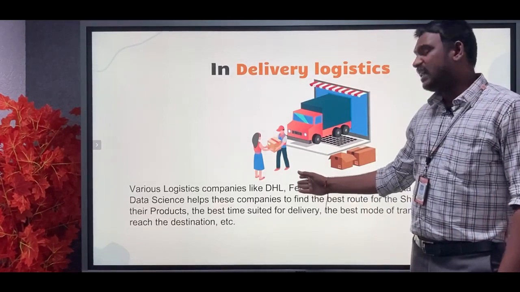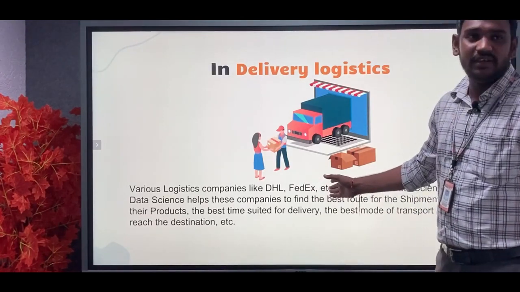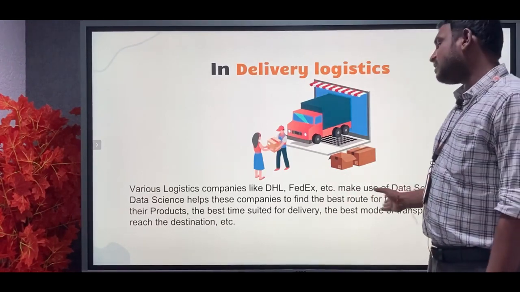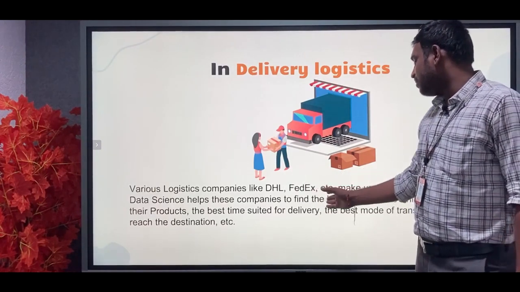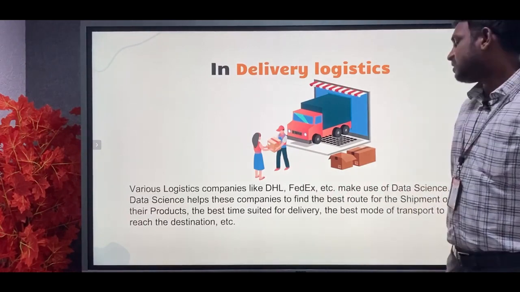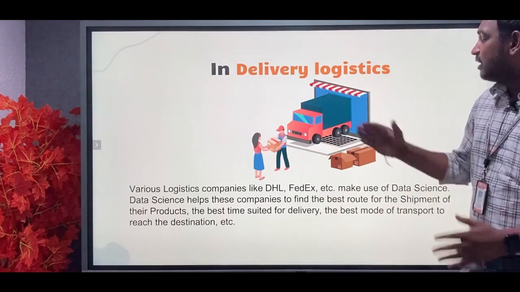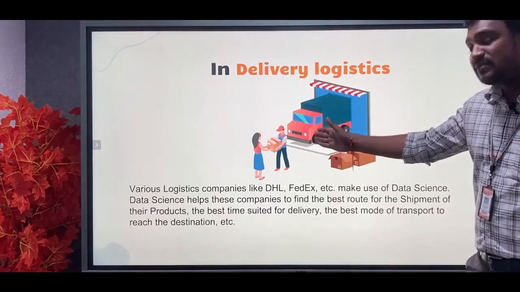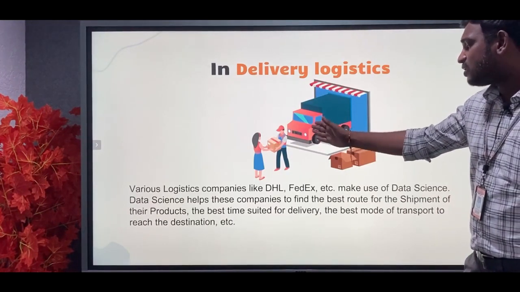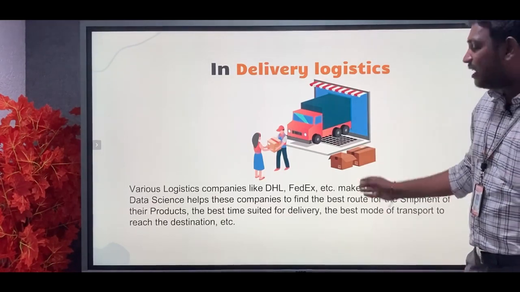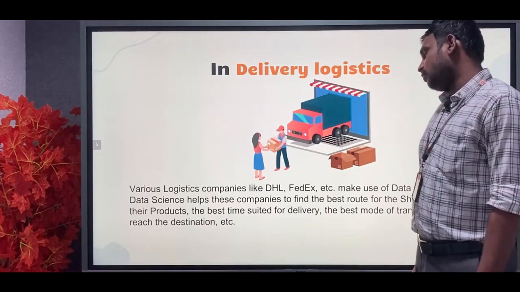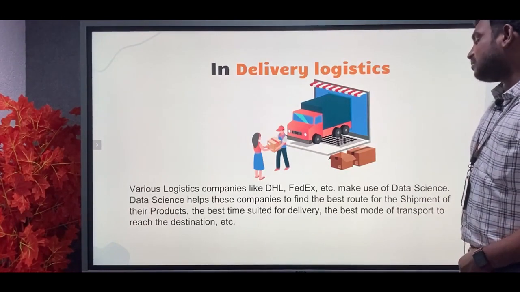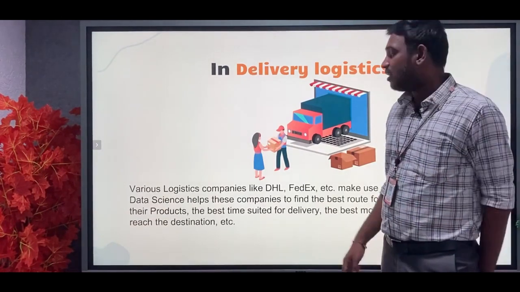When companies need to ship a product to the customer, data science algorithms help the product reach the customer by the best route, at the best time suited for delivery, with the best mode of transport to reach the destination, etc.